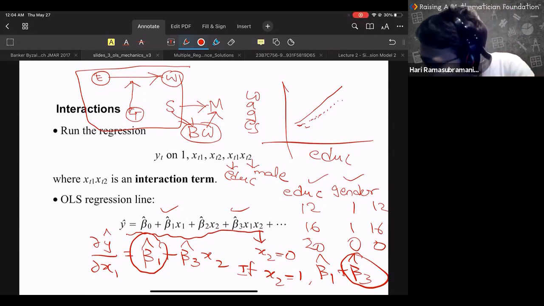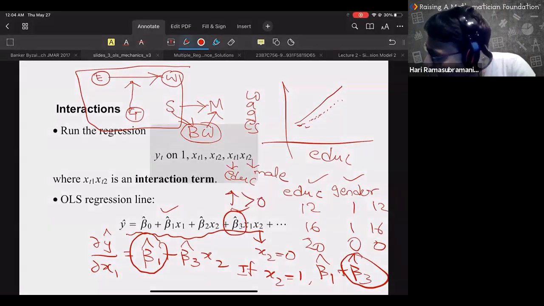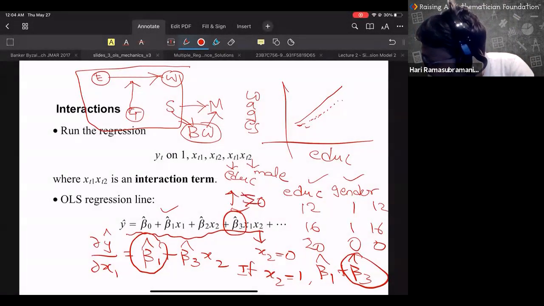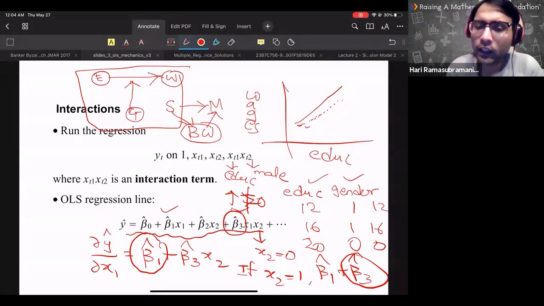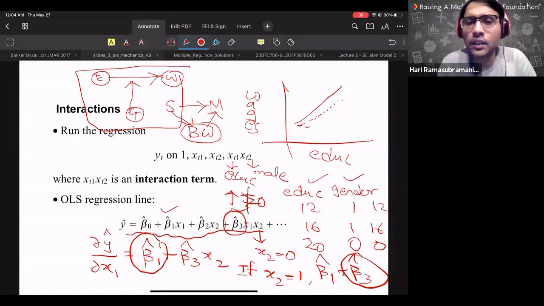That means if beta 3 hat is non-zero, then we will say that the effect of education on wages is different for males and females.